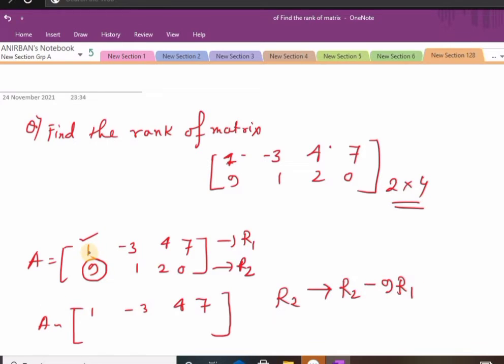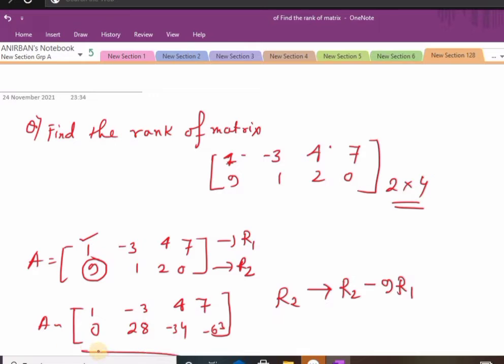So 9 minus 9 is 0, and 1 minus 9 into minus 3 is plus 27, that is 28, then this will be minus 34, and this will be minus 63.